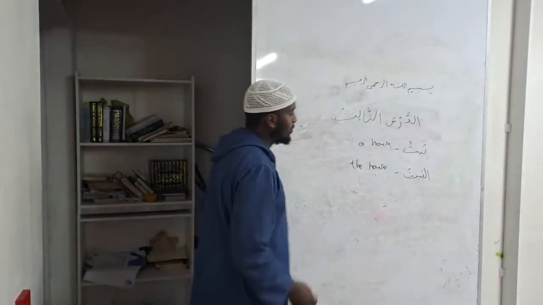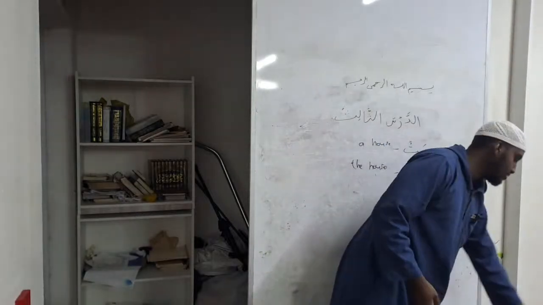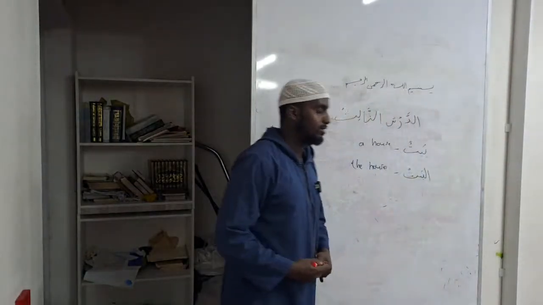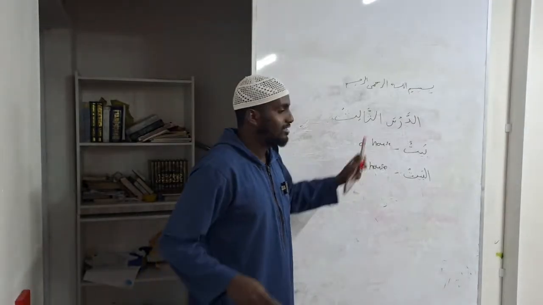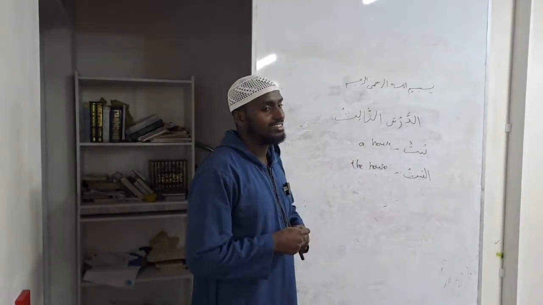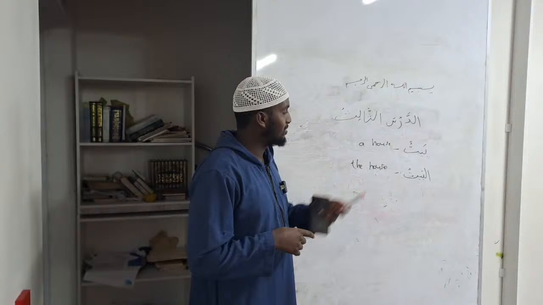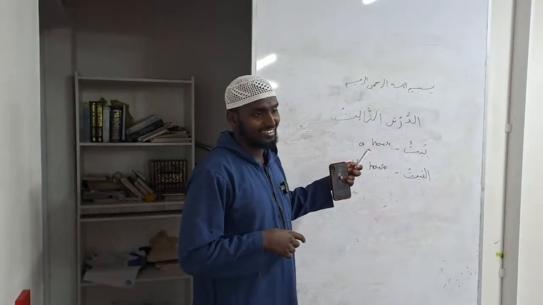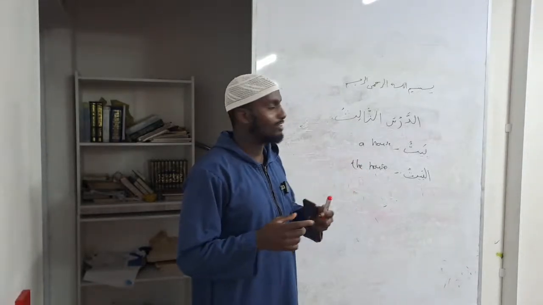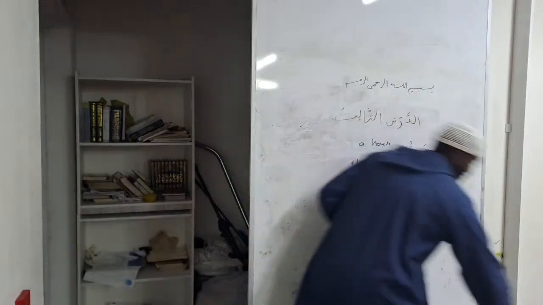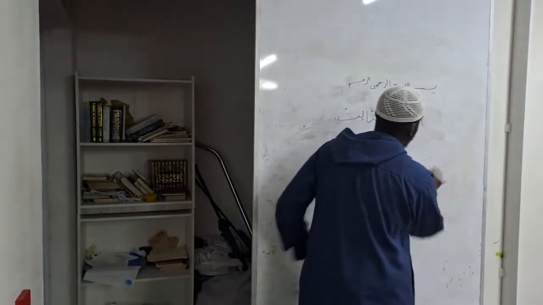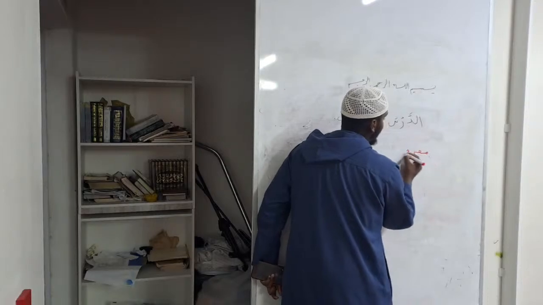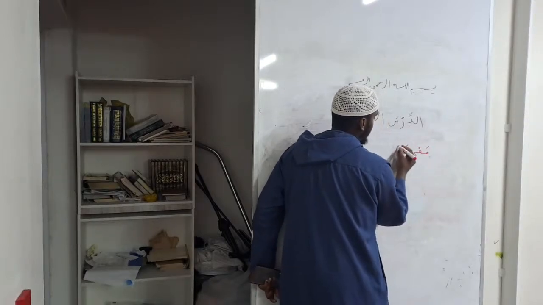So the rule in Arabic that we learn: baytun is nakira. The concept we're going to learn about in lesson 3 is ma'rifah. What does ma'rifah mean? Ma'rifah means to know, literally.